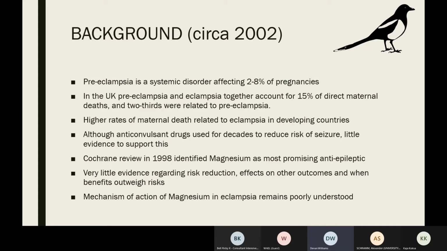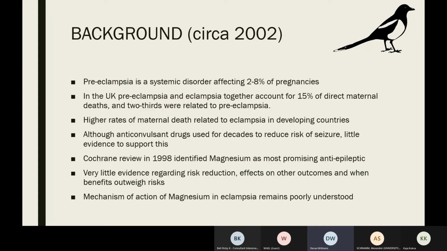And later on, when we get to recruitment, we'll see how much of an impact developing countries had on the trial. At the time, anticonvulsant drugs were also used in addition to magnesium to try and treat eclampsia and preeclampsia.